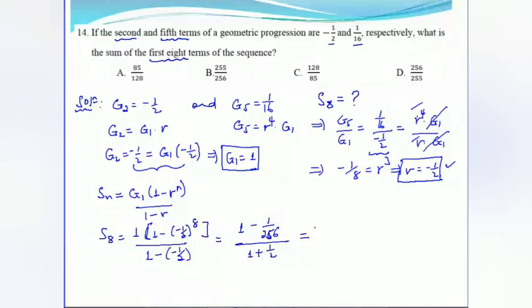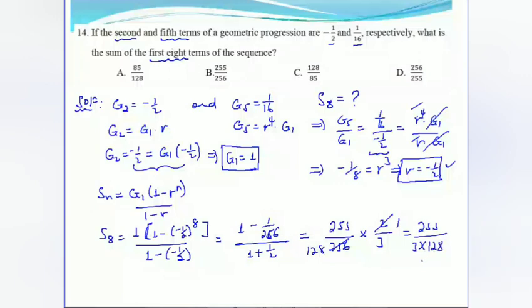This will be 255 over 256 times 2 over 3. Now by 2, 1 by 2, this is 128. So the result is 255 over 3 times 128.